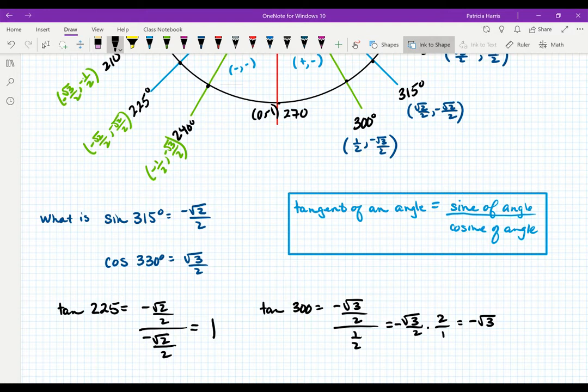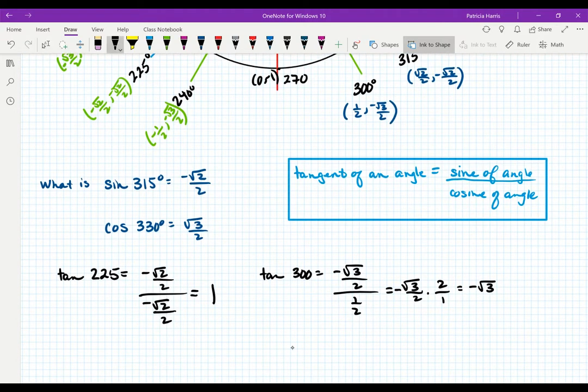Now let's talk about 270. Tangent of 270: you find that the point is 0, -1. So you do sine over cosine, -1 over 0. I cannot divide by 0, so I would say undefined.